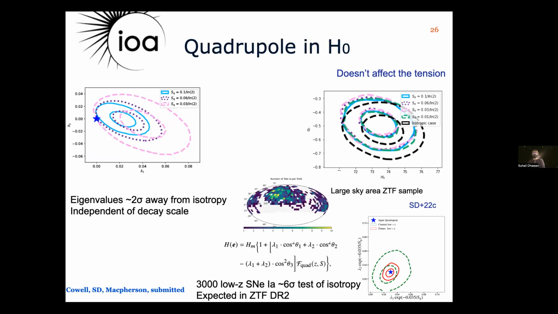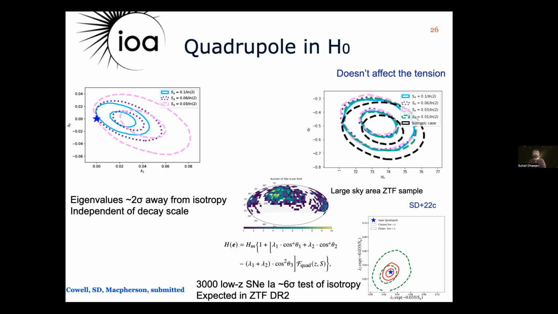There'll be 3,000 in DR2. This is a small forecast that we did for ZTF with the eigenvectors, the quadrupole. Lambda CDM is just 0, 0. We find that with 3,000 supernovae, we would be able to test at least at the 6 sigma level the difference between the case of, say, a few percent anisotropy, and lambda CDM. So this is a forecast assuming that there is an anisotropy.